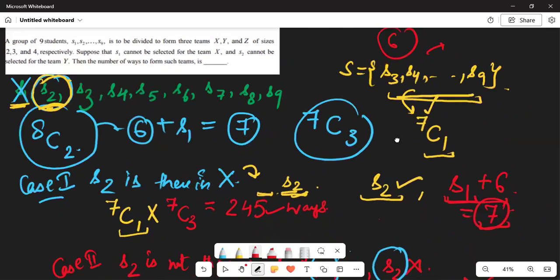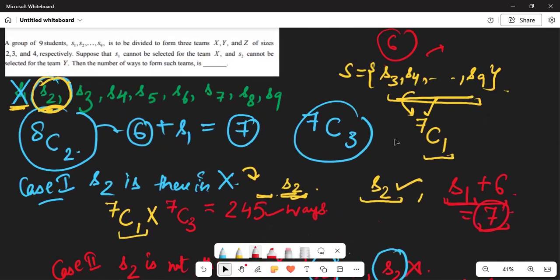Although you are intelligent students, you might have understood it till now, but the question says that we have 9 students, S1, S2, S3, S4, S5, S6, S7, S8, and S9.